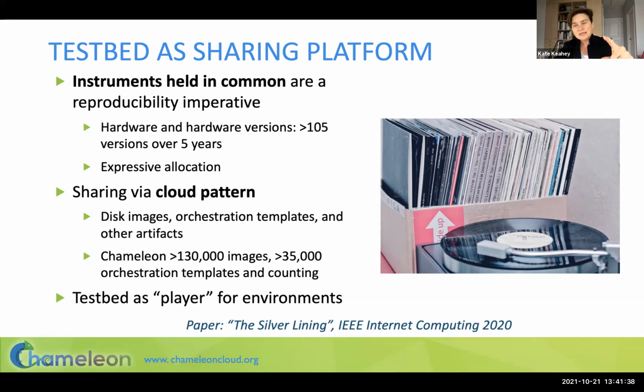With a testbed, a public resource, everybody has access to those GPUs. So not only does it democratize hardware, but it also creates a baseline for reproducibility, because you can allocate those GPUs, not just any GPU but the specific GPU that I was running on. So you definitely can get access to that hardware. And of course, like I mentioned earlier, that hardware is versioned.